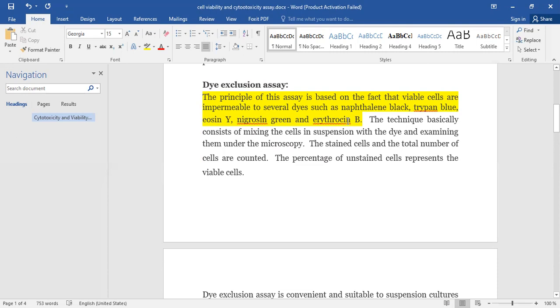But if they show color, then it indicates the cells are not viable and have died. So this exclusion assay is used for the analysis of cells which are not surviving, because the viable cells will not be permeable to these dyes.